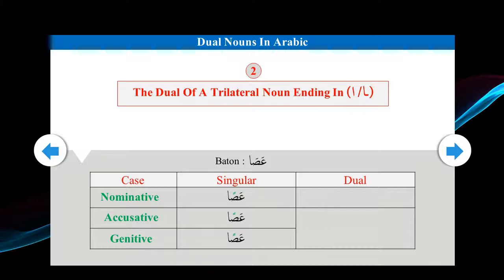To form the dual, Alif changes to waw, and then the dual suffix is appended, so we get عصوان in the nominative case, and عصوين in the accusative and genitive cases.